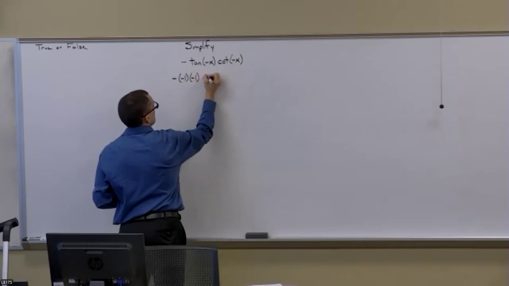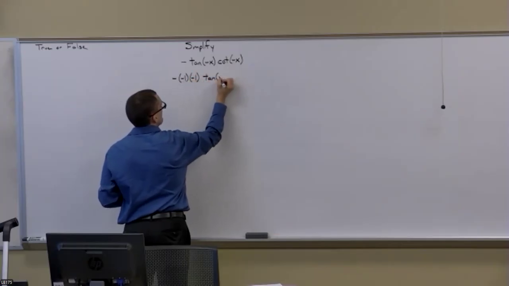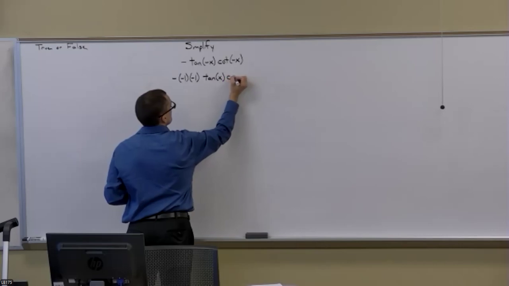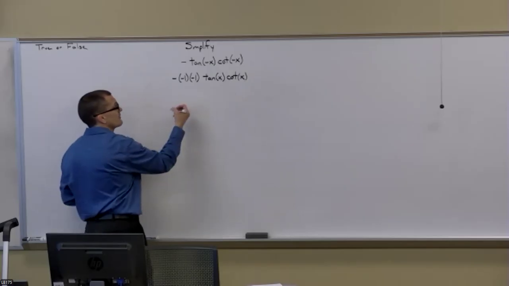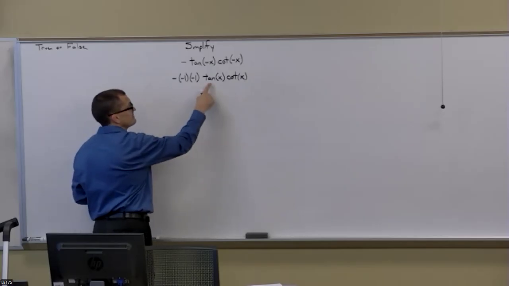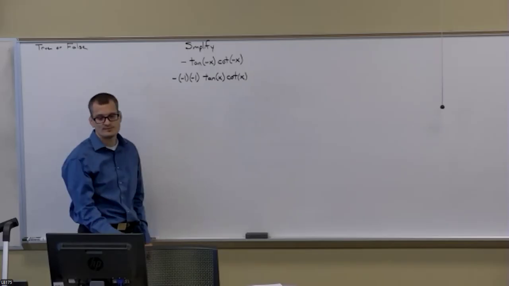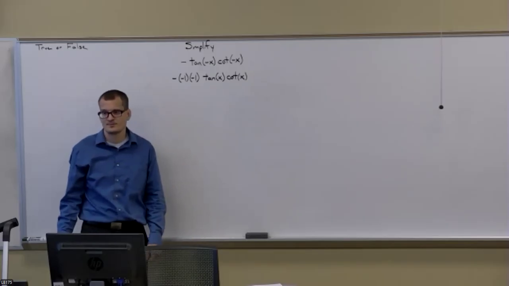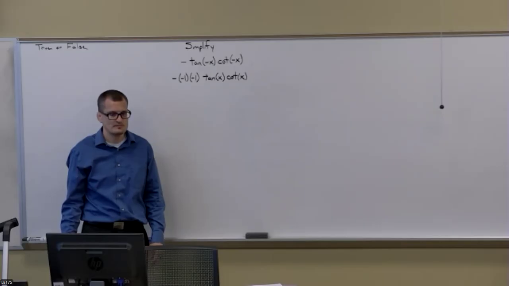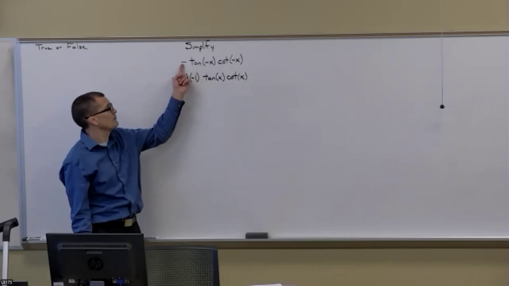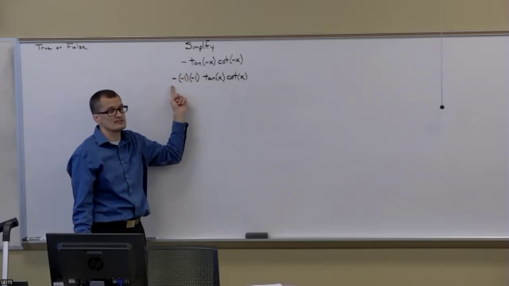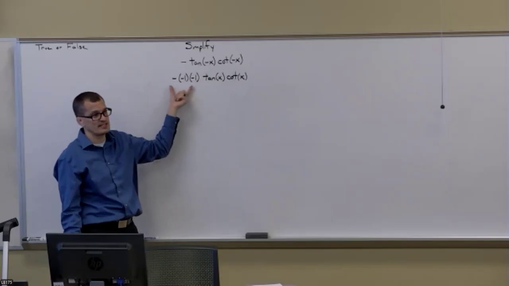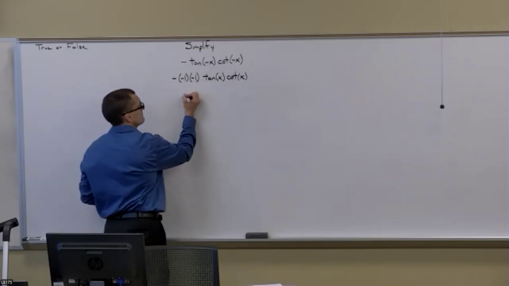So I get essentially 3 negatives in front, which is going to give me a negative tangent times cotangent. So I had one negative already out in front, pull this one out in front, pull this one out in front. So I got 3 negatives out front, negative times negative gives me a negative.